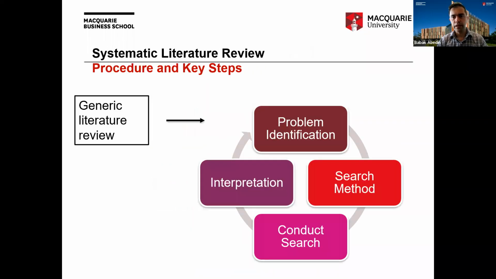Having said that, I would like to introduce now what systematic literature review is. Systematic literature review starts with some generic literature review. You use your ad hoc keywords and get to know what digital economy is about. You understand what digital economy means, what Indonesia is doing in this space, and what productivity means.